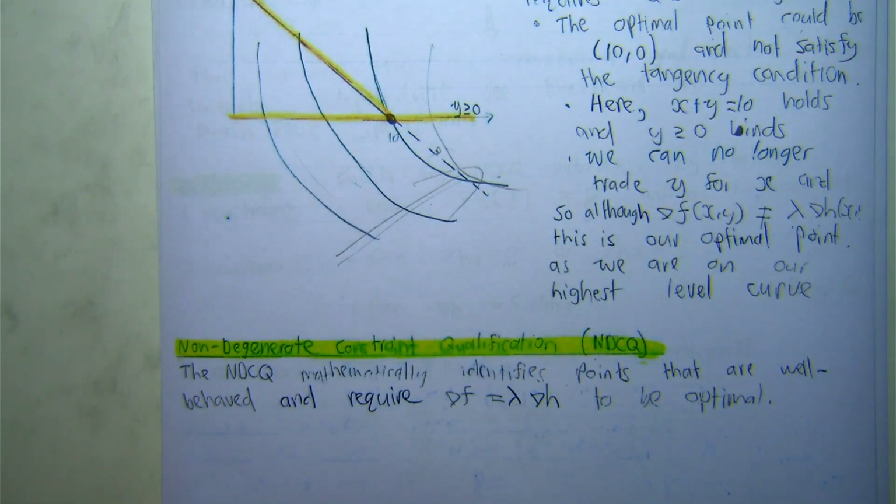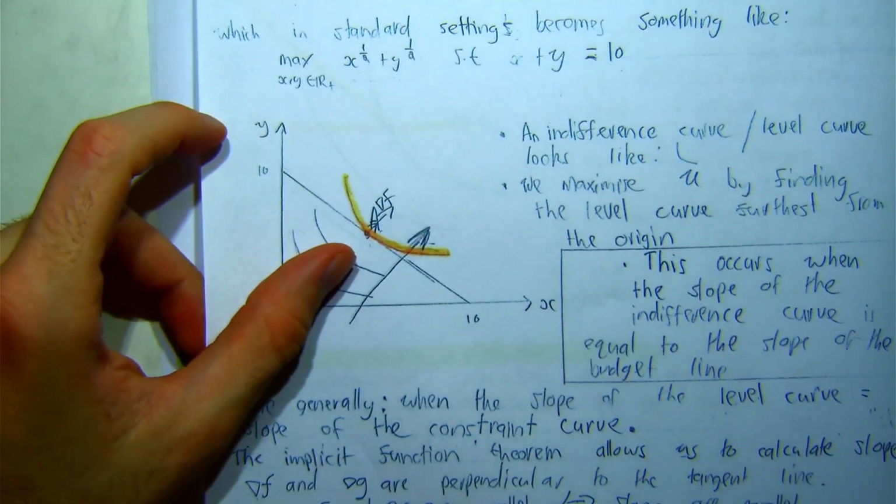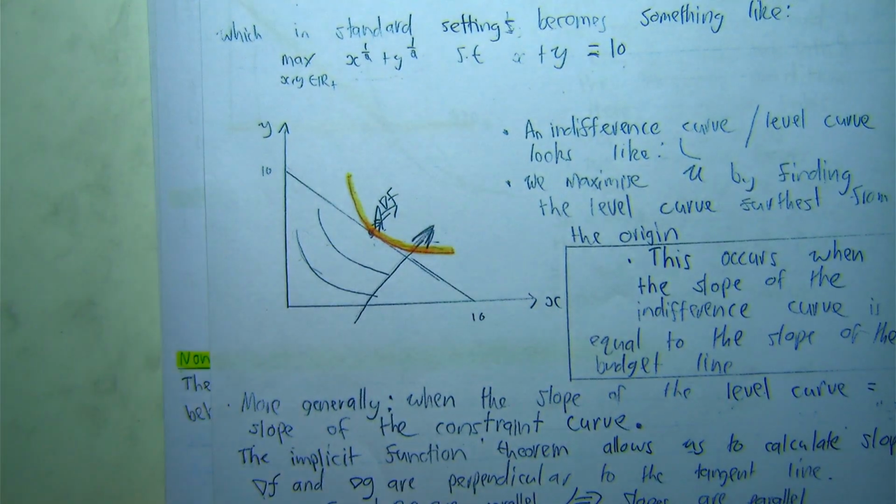And that is that sometimes the tangency condition will be hard to find if there's a weird relationship between multiple constraints, and the way that you calculate the slope of those constraints is going to be problematic in comparison to each other.